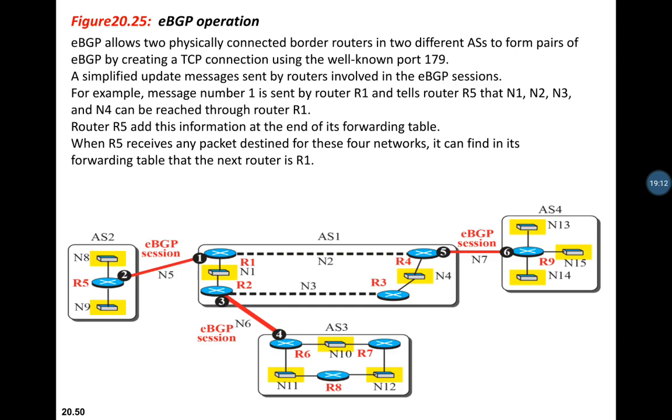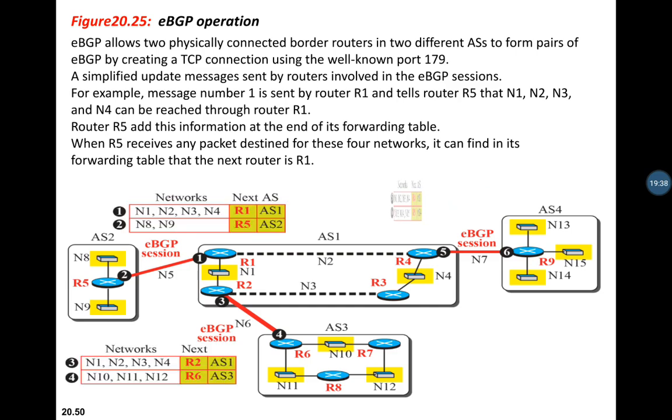You can see here the routers form 3 pairs: R1 to R5, as I have already told, R2 to R6, R4 to R9. And each logical connection in the Border Gateway Protocol is referred to as a session. So this figure shows simplified update messages sent by the routers which are involved in the eBGP sessions. So you can see the messages sent here.